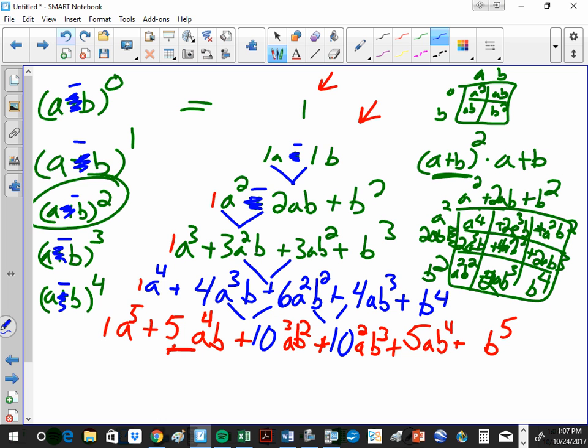And the next row would be plus, minus, plus, minus. So the first one's positive, and then you go negative, positive, negative, positive, negative, positive. So down here, this would change to a negative. That one stays the same. This one changes to a negative. That one stays the same. And this one changes to a negative. Does that make sense? Okay.